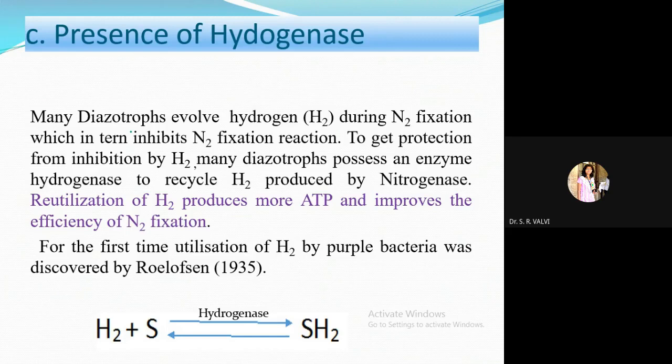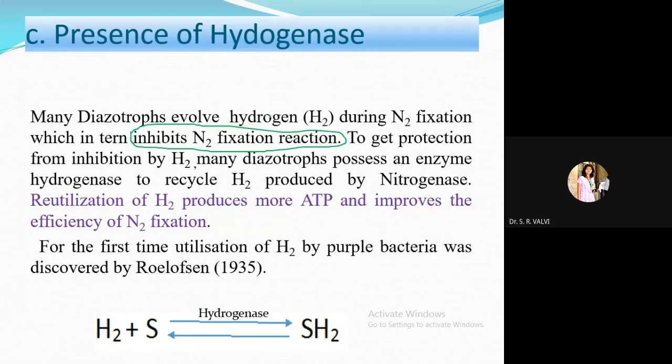See, who is going to inhibit this nitrogen fixation? Hydrogen. Hydrogen is evolved during nitrogen fixation. So to get protection from inhibition by H2, many diazotrophs possess an enzyme called hydrogenase.